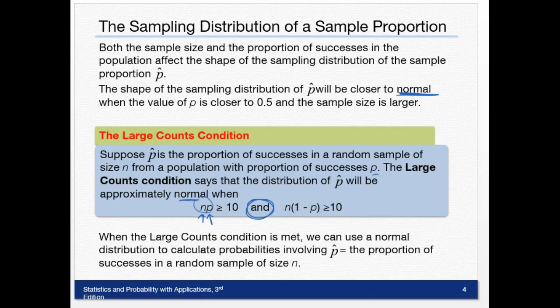When the large counts condition is met, we can use the normal distribution to calculate probabilities involving p hat, the proportion of successes in a random sample of size n. So the large counts condition is the big picture on this one, and we'll talk more about this in class.